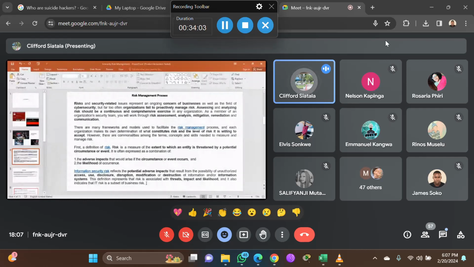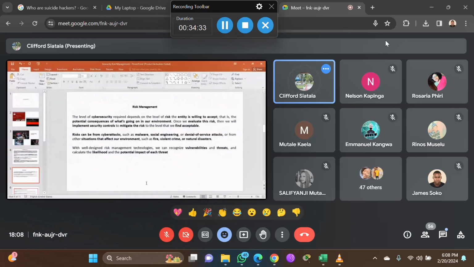Information security risk reflects the potential adverse impacts that result from the possibility of unauthorized access, use, disclosure, disruption, modification, or destruction of information systems. So the level of cybersecurity required depends on the level of risk.